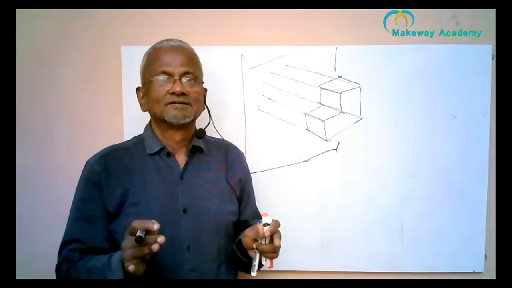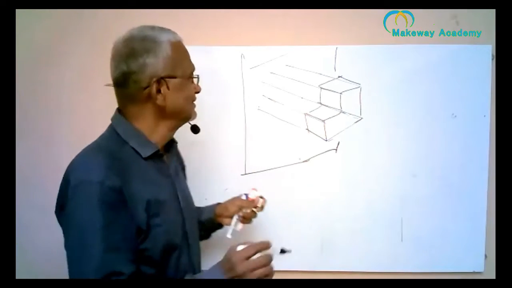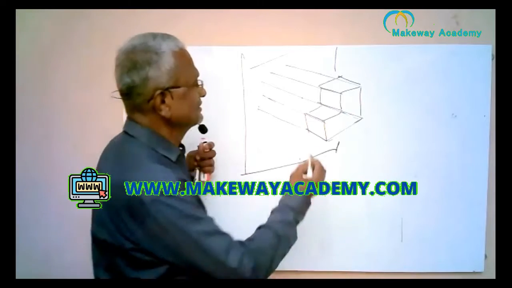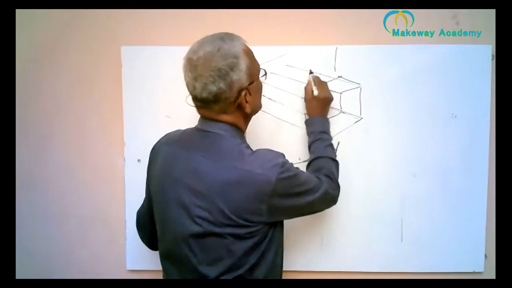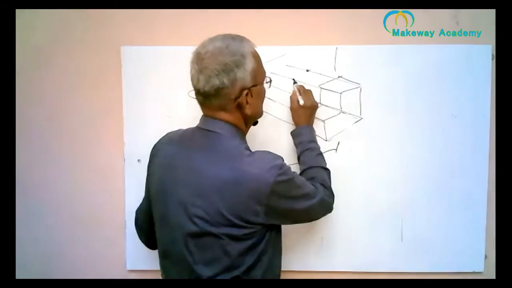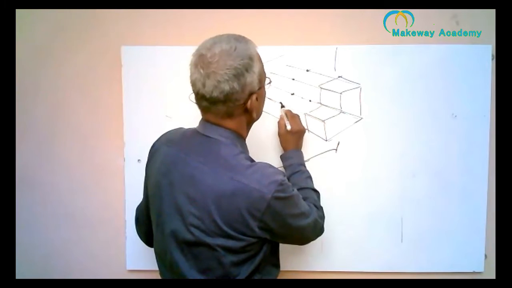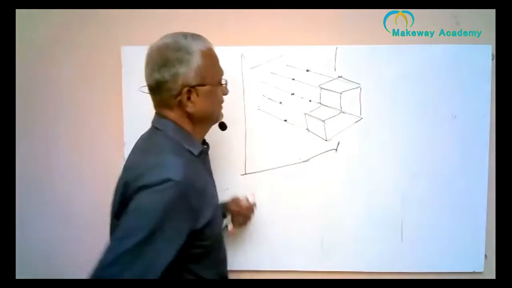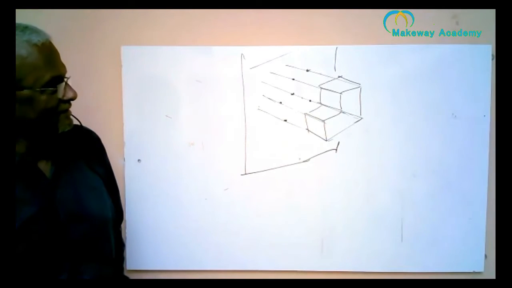The projectors intersect the plane. I'm going to mark the points of intersection. This is one point, this is another point, this is one more point, one more point. I have marked all the points of intersection.